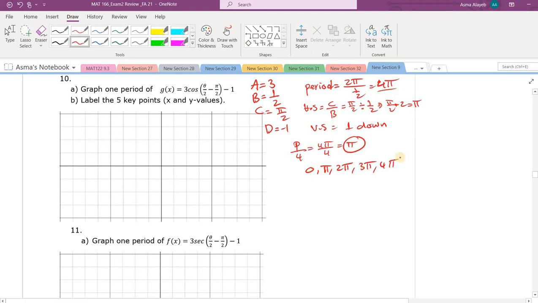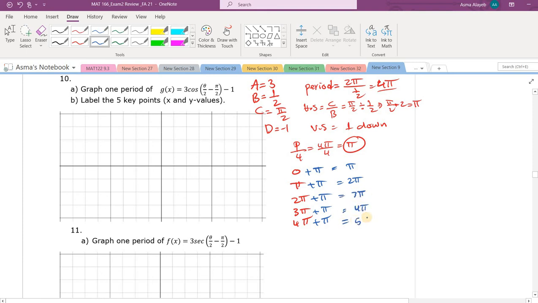Either you add the horizontal shift to each of these points. Let me write them vertically so I can add easily: 0, π, 2π, 3π, 4π, and the horizontal shift is positive π. So the new points are π, 2π, 3π, 4π, and 5π.